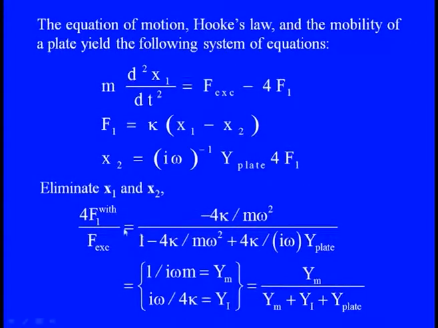So we have m d2x1 by dt square, which equals the inertia force, balanced by F excitation minus 4F1, where F1 is the restoring force K into X1 minus X2, and this X2, which comes out due to the flexible mountings, can be put as I omega inverse Y plate into 4F1.